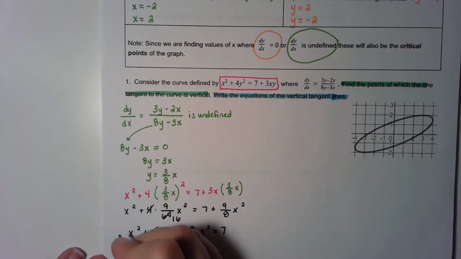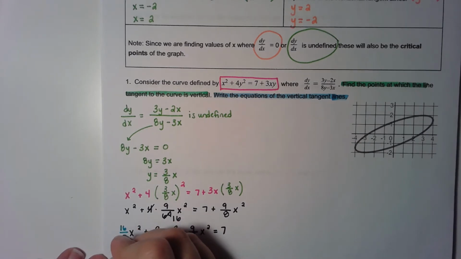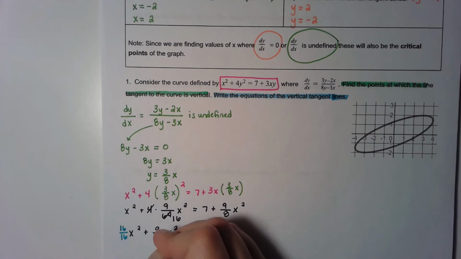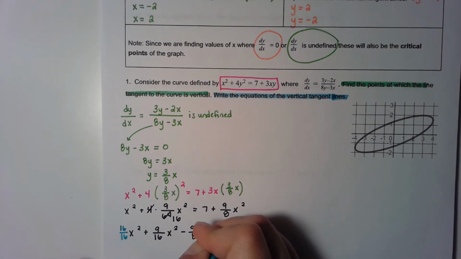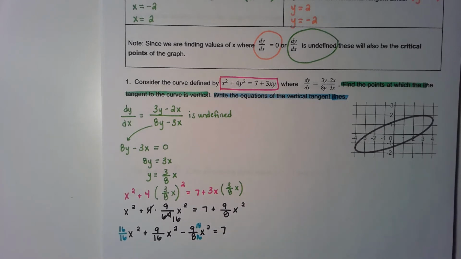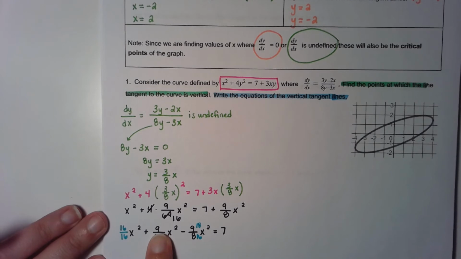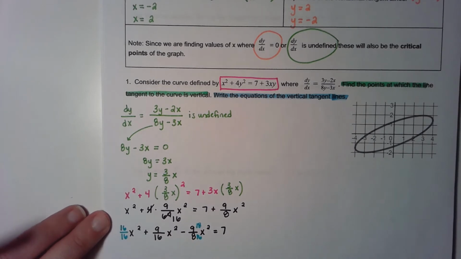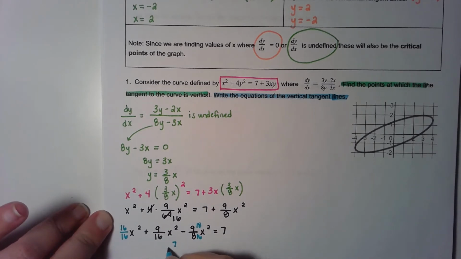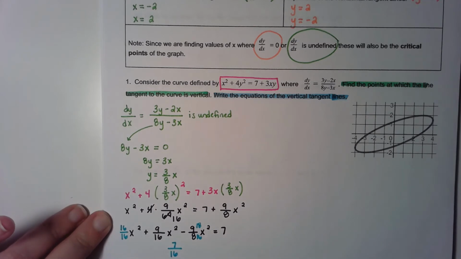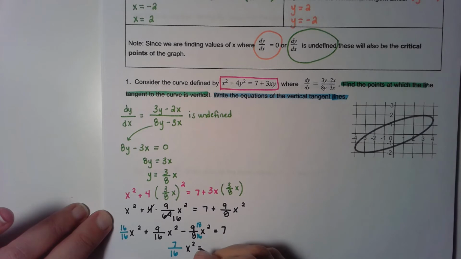The common denominator is going to be 16. So this is going to be 16 over 16. That's worth 1. We've already got 9 over 16. And this is going to turn into 18 over 16. Just going to add and subtract. So 16 plus 9 gives me 25. Minus 18 gives me 7 over 16. And that's going to be x squared equals 7.